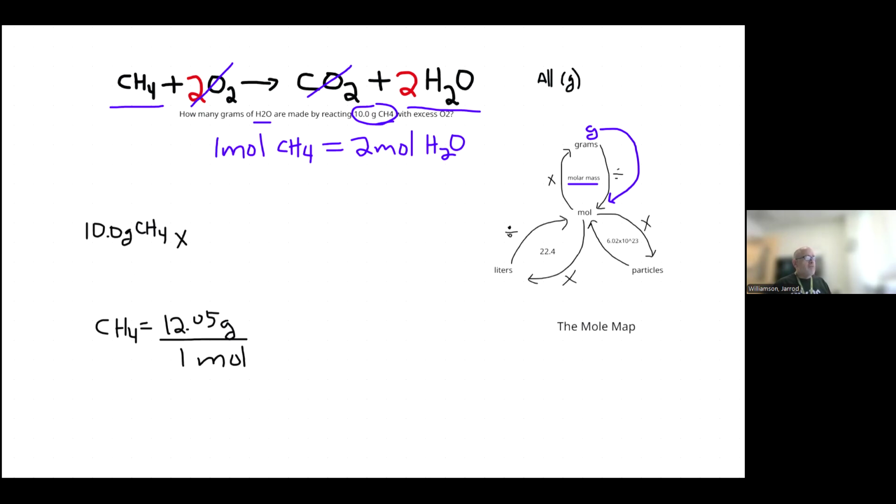If I invert this, I'm going to have 1 mole of methane over 12.05 grams of methane.